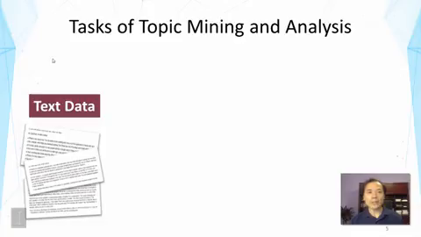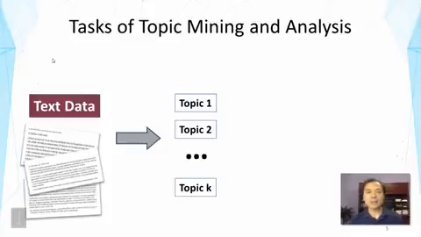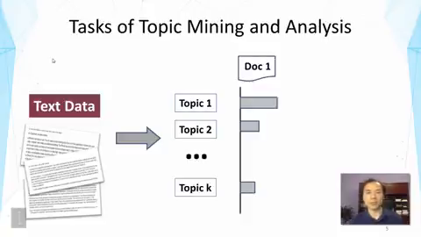Now, let's look at the tasks of topic mining and analysis. In general, it would involve first discovering a lot of topics, in this case K topics, and then we also would like to know which topics are covered in which documents, to what extent. So for example, in document 1, we might see that topic 1 is covered a lot. Topic 2 and topic K are covered with a small portion. And other topics perhaps are not covered.